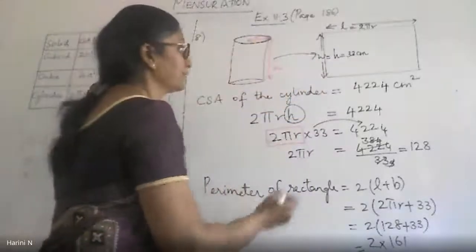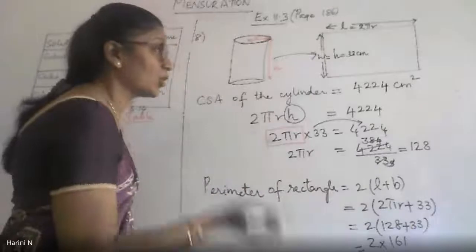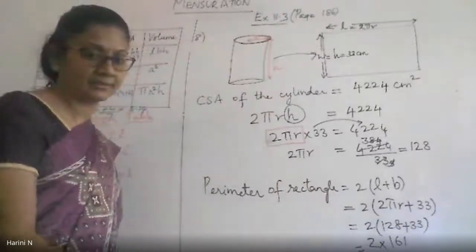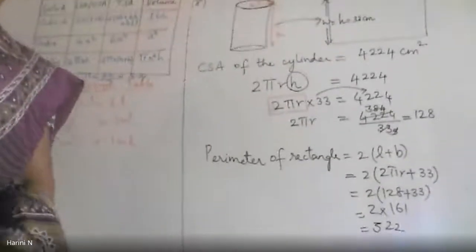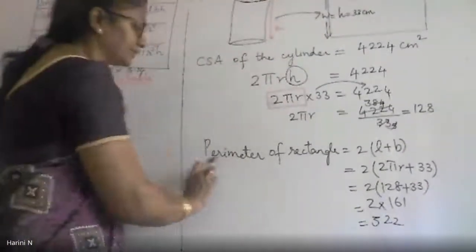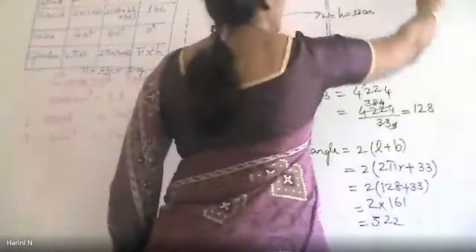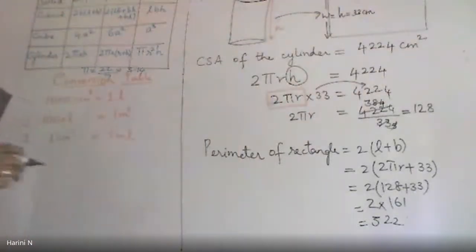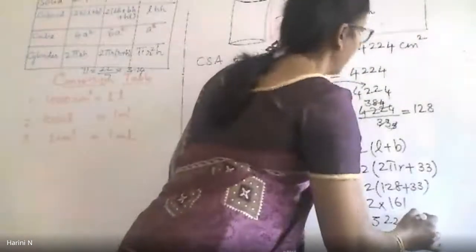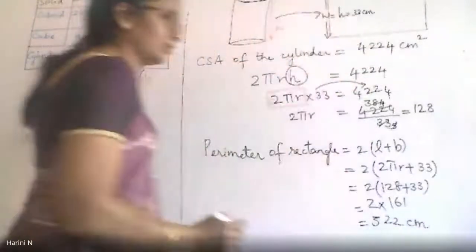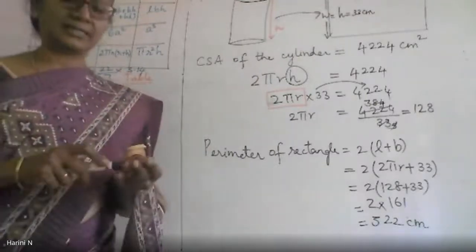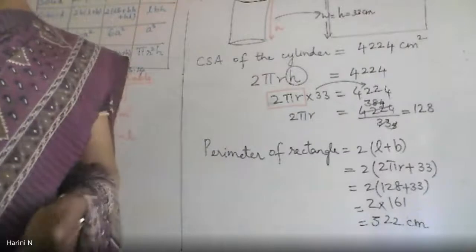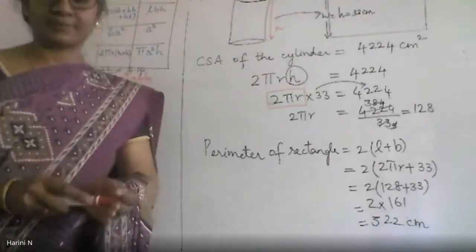I want the perimeter. Will it be centimeter square or only centimeter? We are talking about perimeter, which means it is the boundary. What will be the unit for the perimeter? Only centimeters. Only area will be in centimeter square. So 322 centimeters is the perimeter of the rectangle that you get while you open your cylinder.